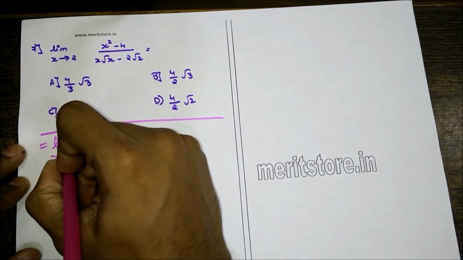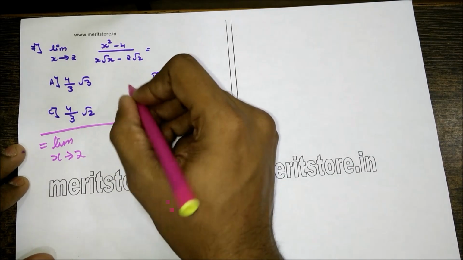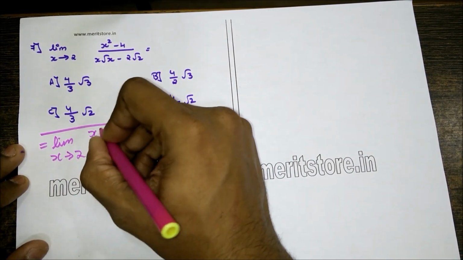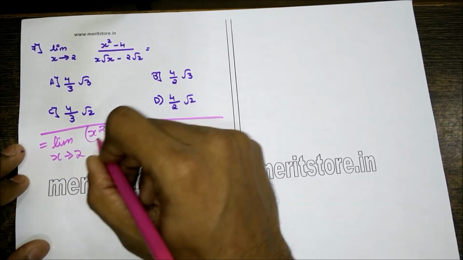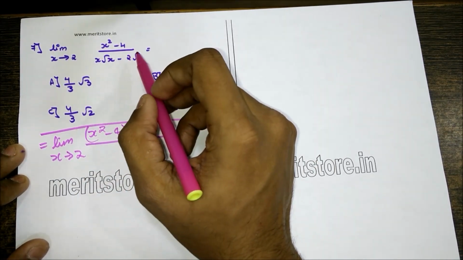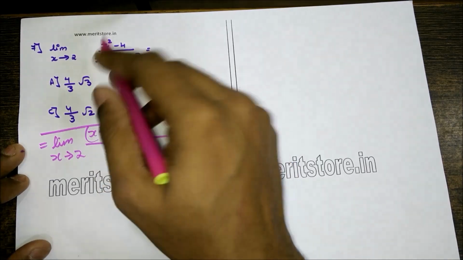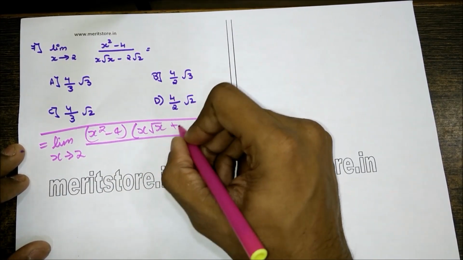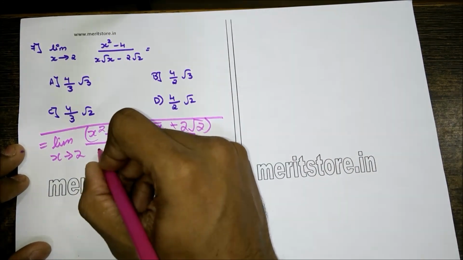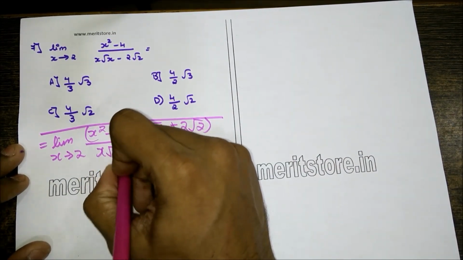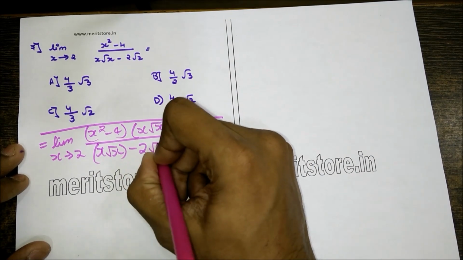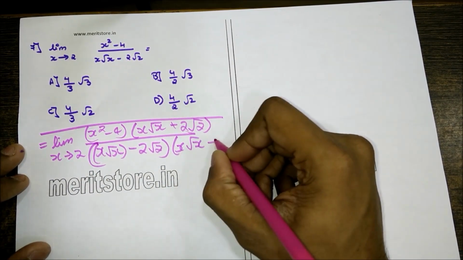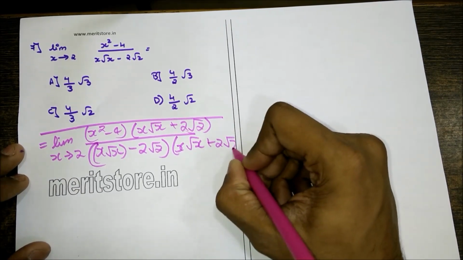We take the numerator first, x tends to 2, and we'll have x square minus 4 to be written as x square minus 4 into, what we could do is take the conjugate of the denominator, plus 2 root 2 upon x root x minus 2 root 2 into x root x plus 2 root 2.